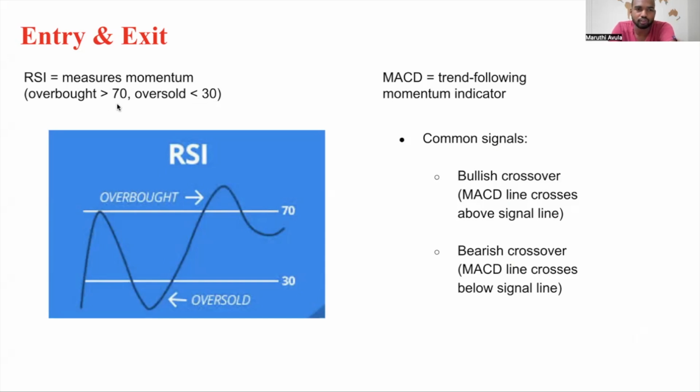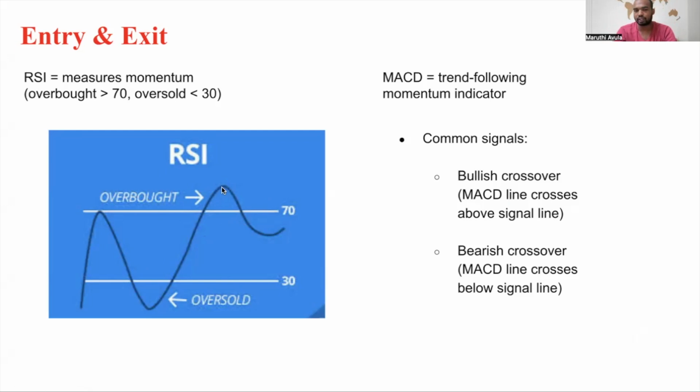What is overbought and what is oversold? Overbought means people have already purchased huge volumes in this particular stock, so they are going to sell after this. They are going to book the profit at the top.